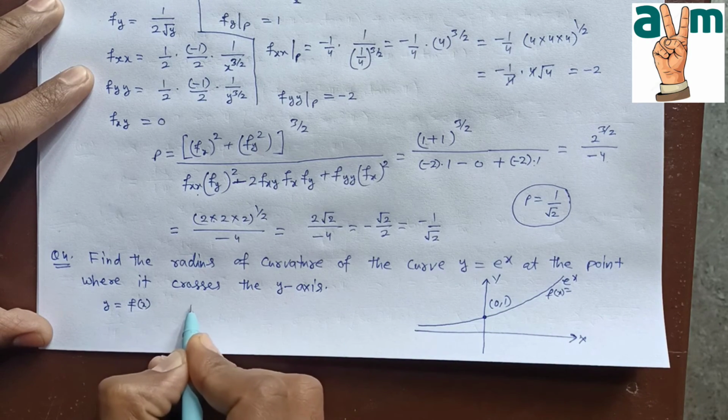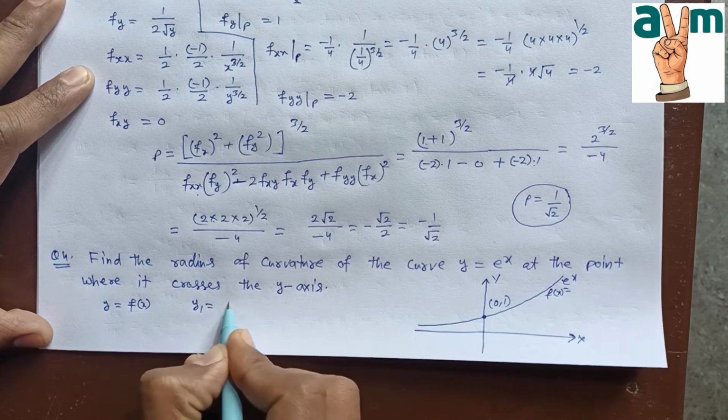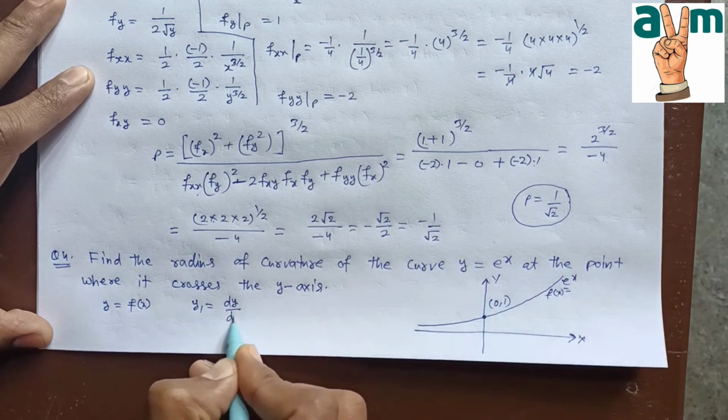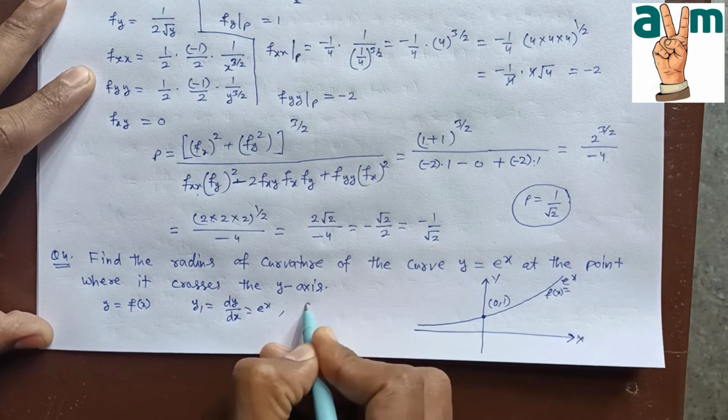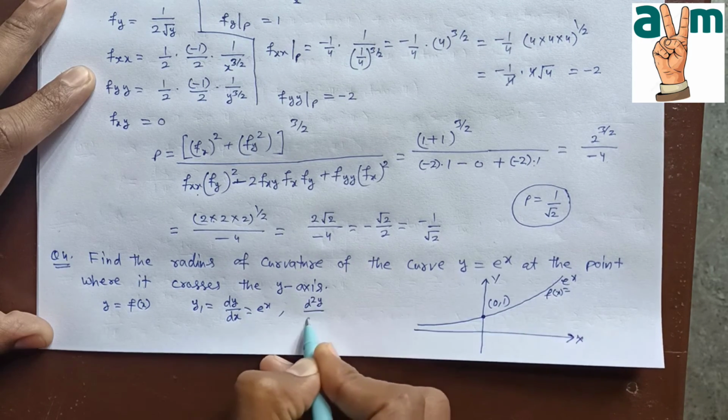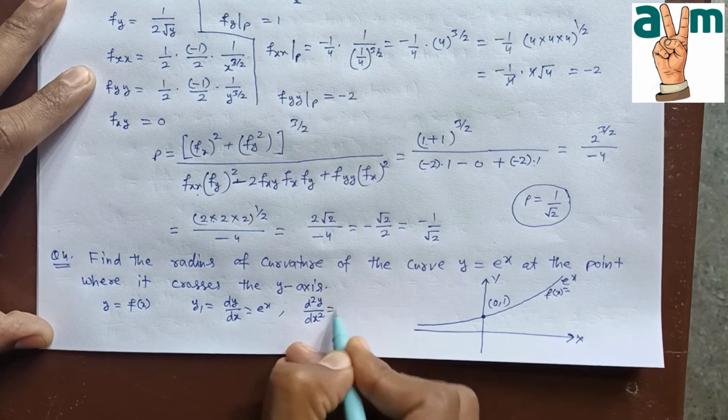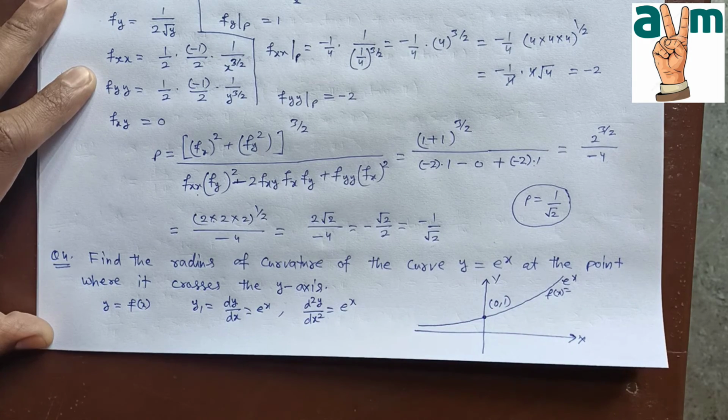So first we have to find y1, meaning dy upon dx. dy upon dx of this function is e to the power x, and d square y upon dx square of this function is also e to the power x.